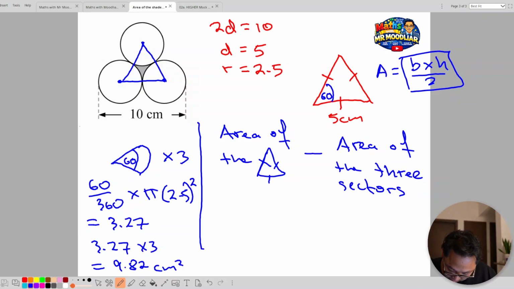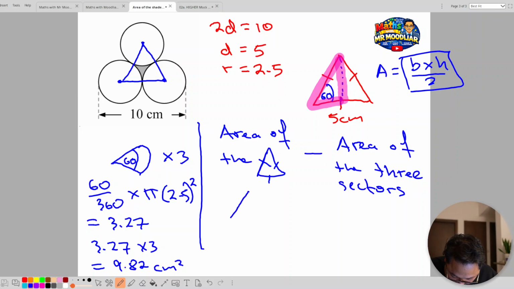Let me just draw the height of this triangle. Once we draw the height, it is going to give you a right angle triangle.